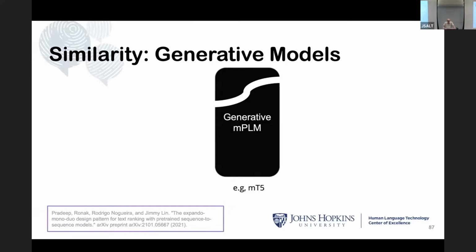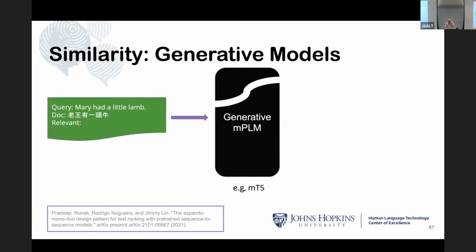Yeah. We can also use generative models to do similarity. So we can say, hey, GPT-4, how similar are these documents? The way this is sometimes done is you ask whether this document is relevant to this query. You say, here's my query and here's my document. Give me yes or no, is that relevant? And you get a yes, it's relevant.